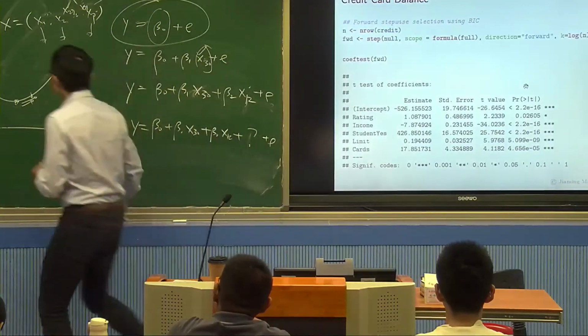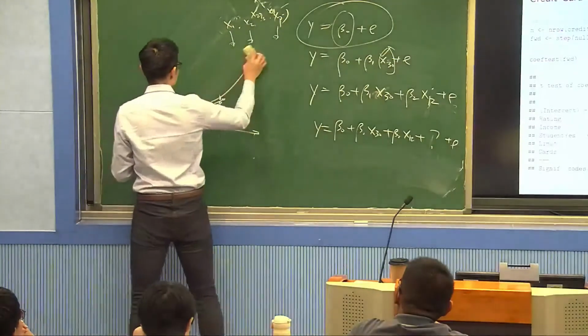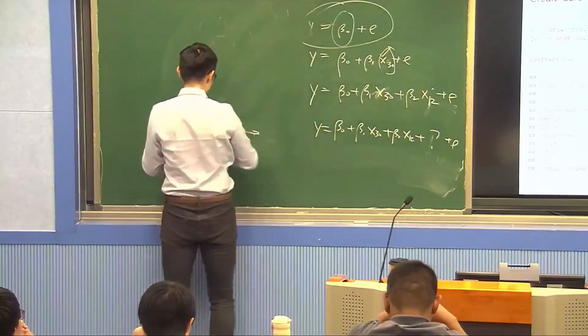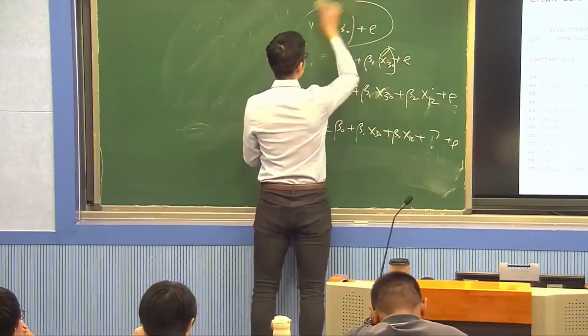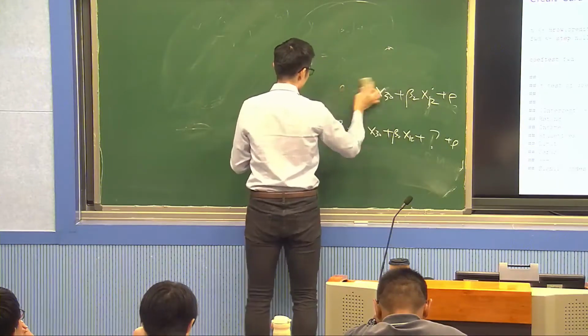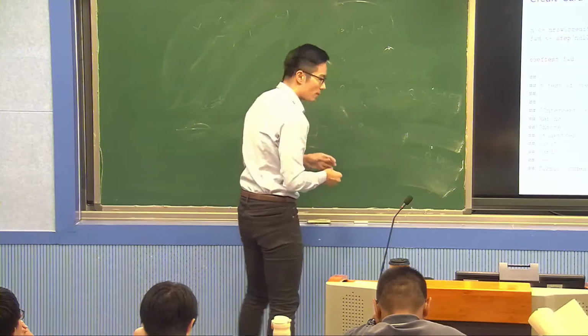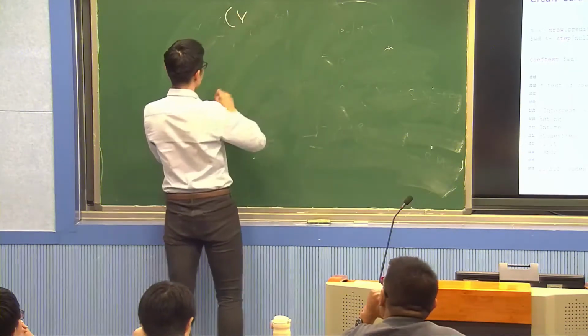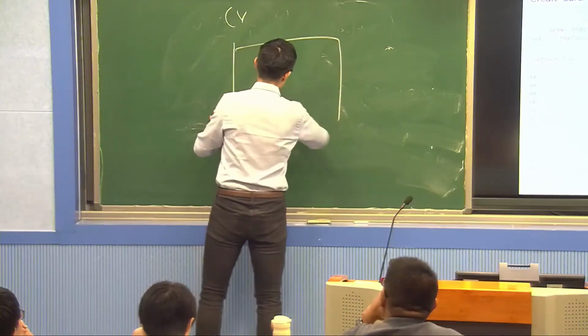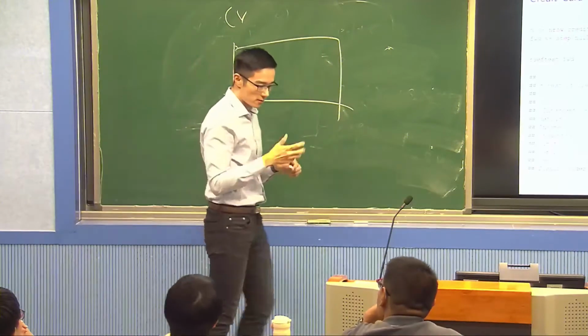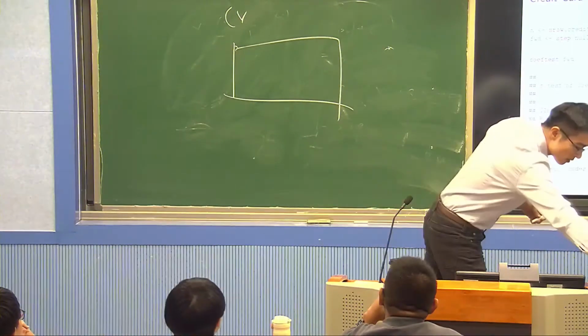Now let me go back to cross-validation, because I want to say a couple more words on it that last time I was not totally clear about. Just some clarification, because people asked me questions after the class.